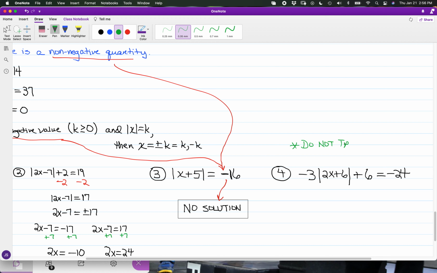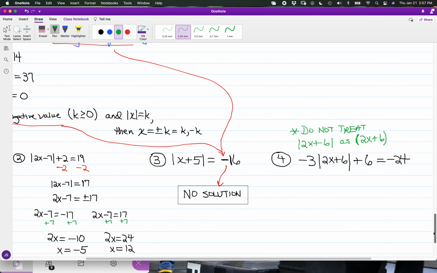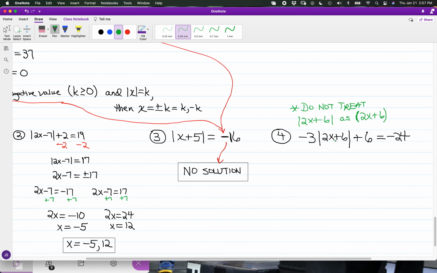In other words, do not treat the absolute value of 2x plus 6 as you would if you had 2x plus 6 in parentheses. We cannot take direct distribution and say we have negative 6x minus 18. You're going to have to work around the absolute value symbols with the outside coefficients.